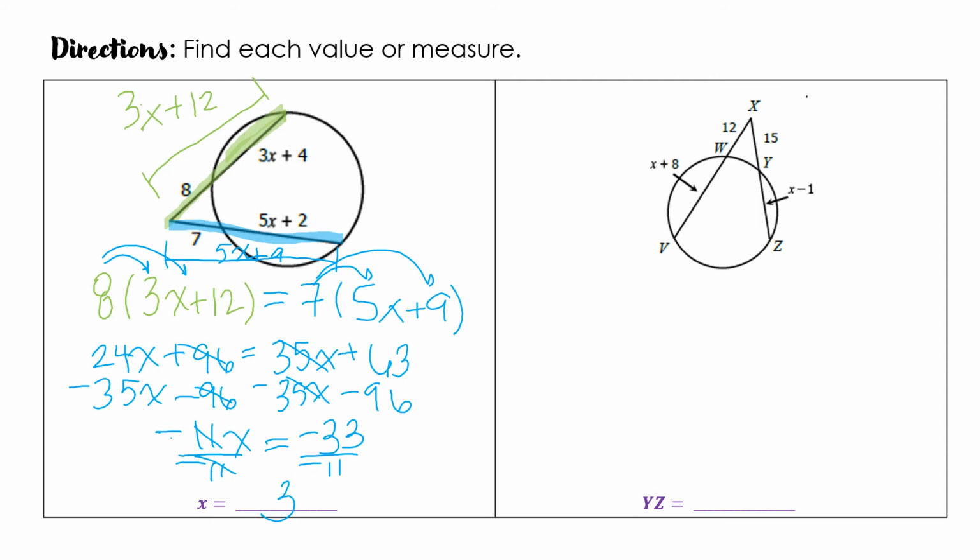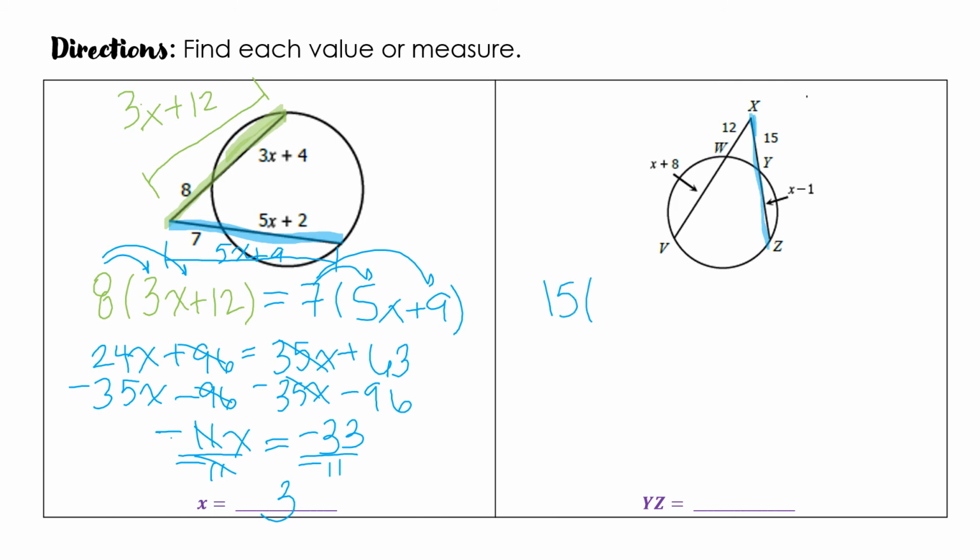In the next example, we are not stopping with x, we are finding the length of YZ. So we will need to go back in and plug x in to find the length of YZ. So we're still going to use the same setup. We'll just do XZ first. Okay, so the outside length of XZ is 15.